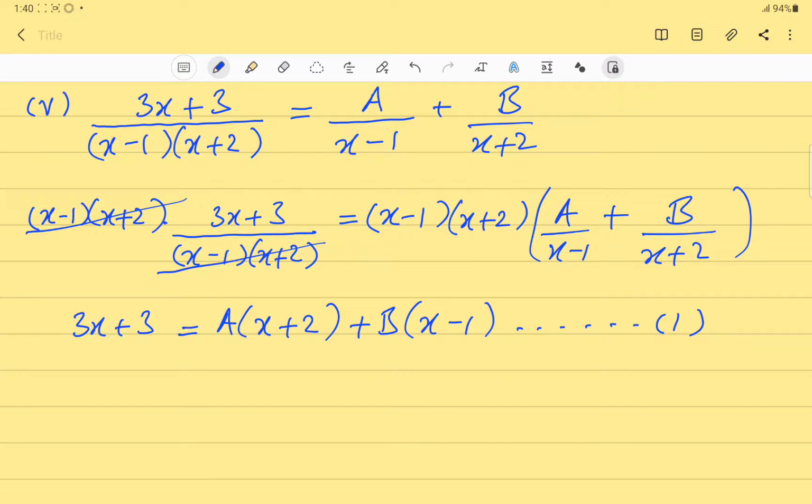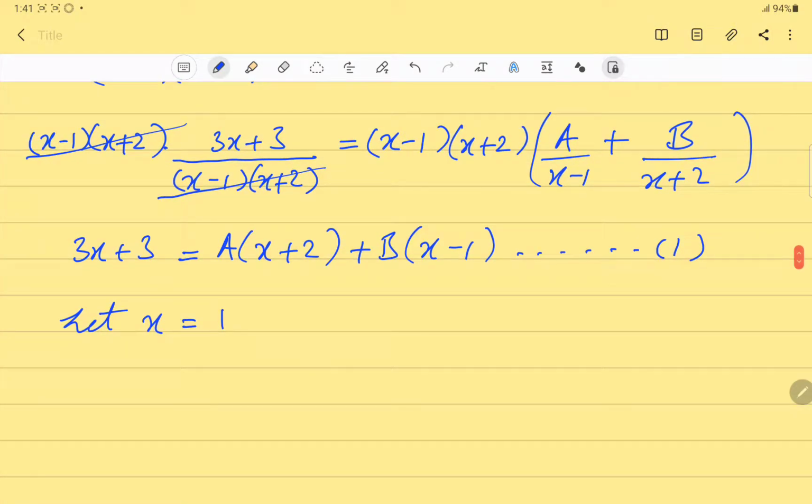Now we will assume different values of x in order to find the constants a and b. Let us assume it as 1 for the first time.